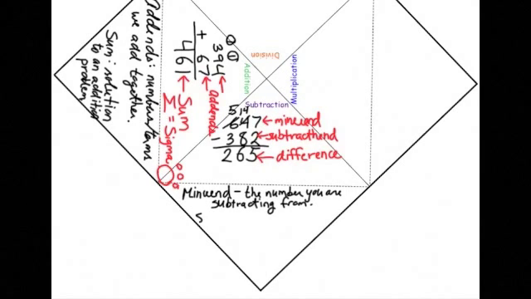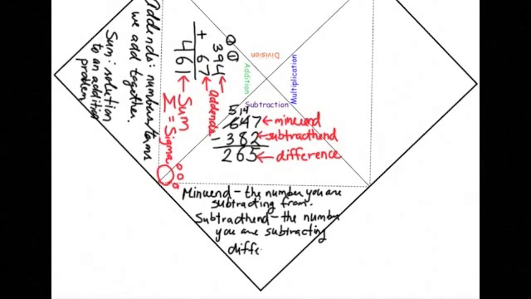The subtrahend is the number you are subtracting. And the difference is the solution.